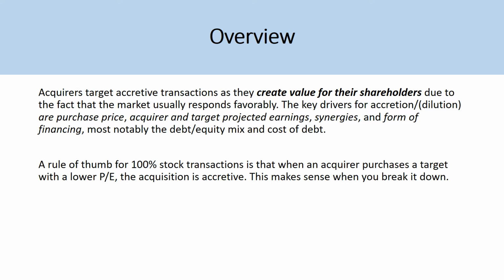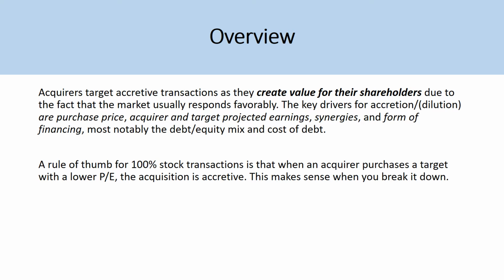Now, a quick rule of thumb is for 100% stock transactions, if the acquirer has a higher price to earnings ratio relative to the target company, then the transaction is considered accretive all the time, because price to earnings represents the price for $1 of earnings, right?